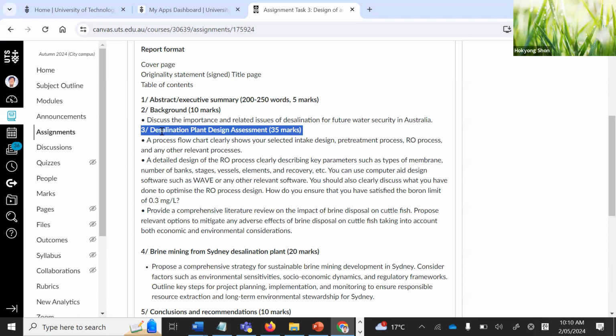So how can we do brine mining? That's another question.